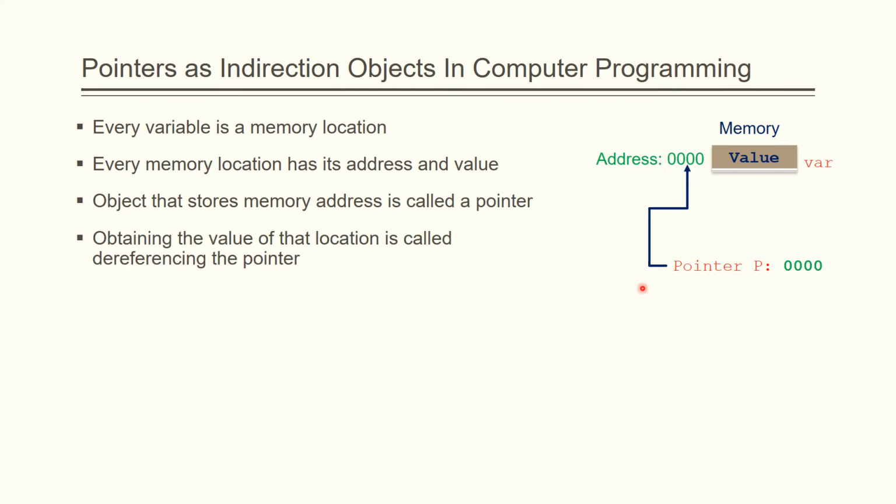Obtaining the value of that location is called dereferencing the pointer. So what does it mean? Here is the pointer, and there is an address stored in this pointer and it refers to this address. And obtaining this value which is stored at this address is called dereferencing the pointer. I'm going to explain it in the next slide using a simple C example.